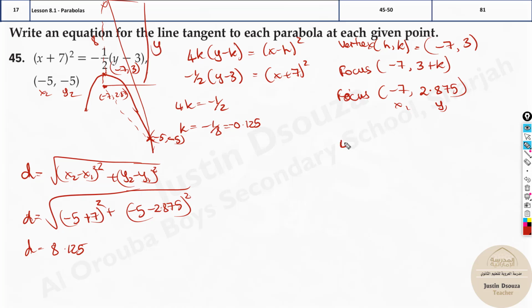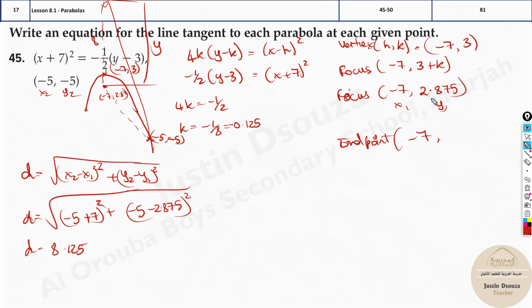So the other point, the end point of the tangent, would be with the x value the same, minus 7. Even the vertex, minus 7, all this will lie on the same line. So even if you don't understand the figure, whichever is the same will be the same. On the other side, you just add that distance.